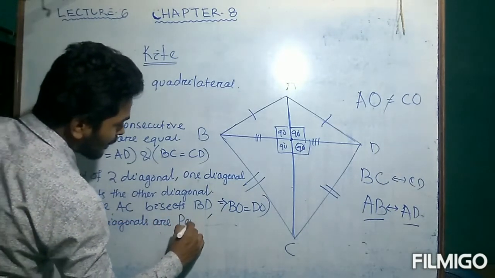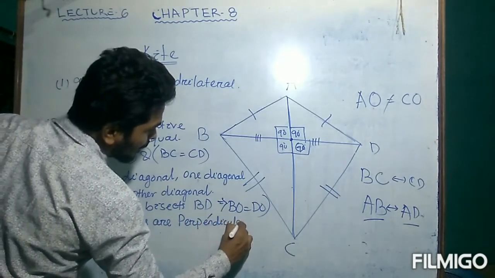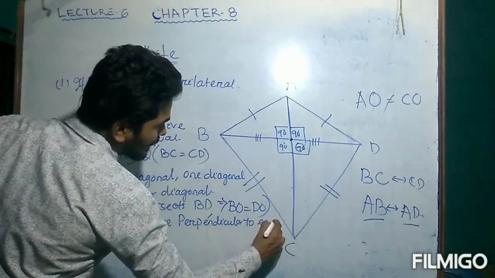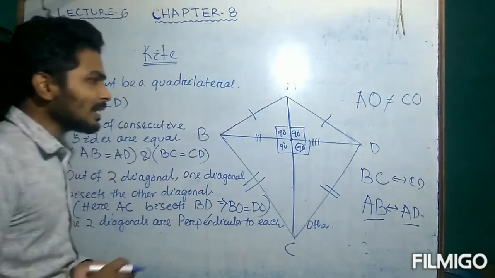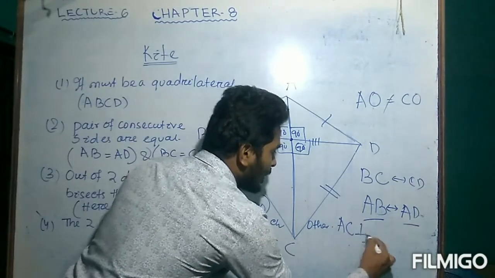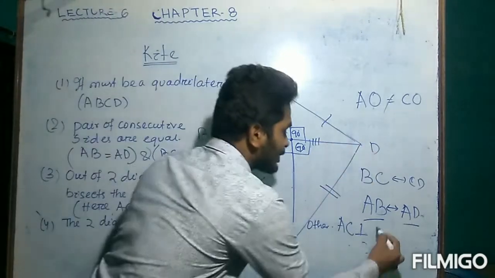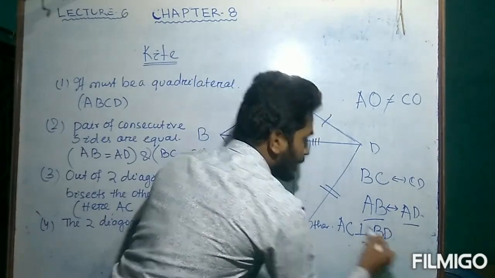Mathematically, you can write AC is perpendicular to BD.